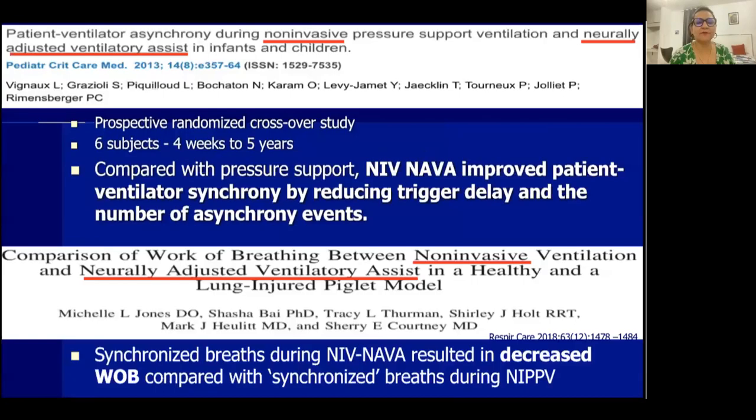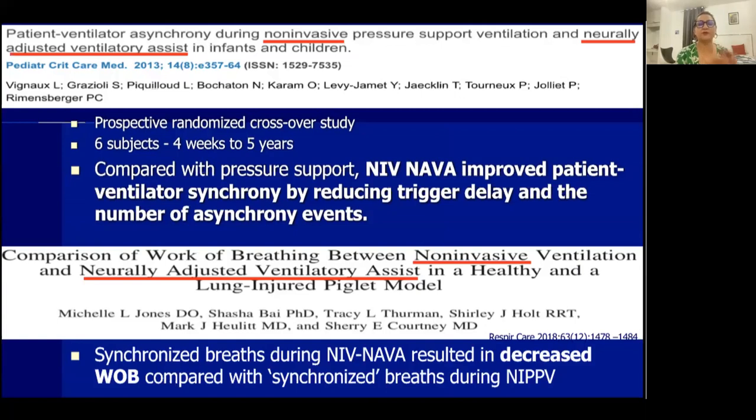And then on human beings, studies were done with NAVA to look at patient-ventilator asynchrony during pressure support ventilation as compared to neurally adjusted ventilation in infants and children. This was studied in 2013, and it was a prospective randomized crossover study.